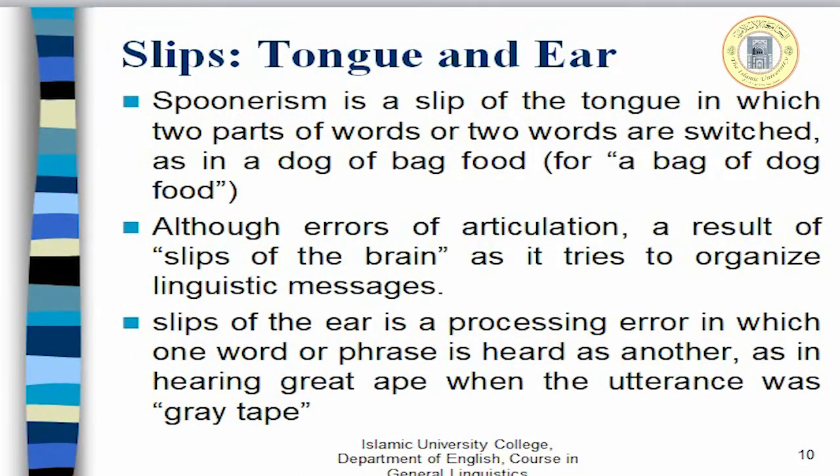So this type of error is called slips of the ear. Now here it is not the tongue, it is the ear which slips. Again, it is about the brain and how the brain organizes the linguistic message.